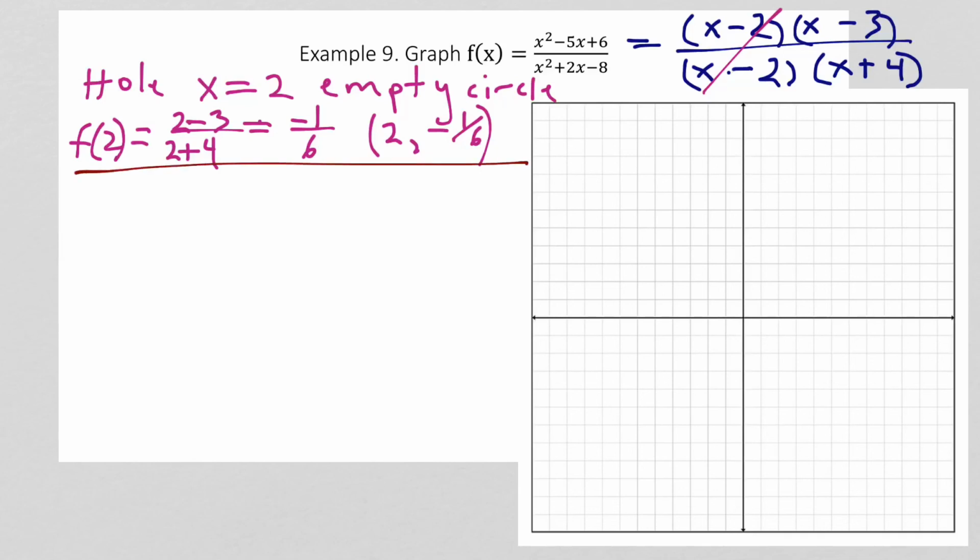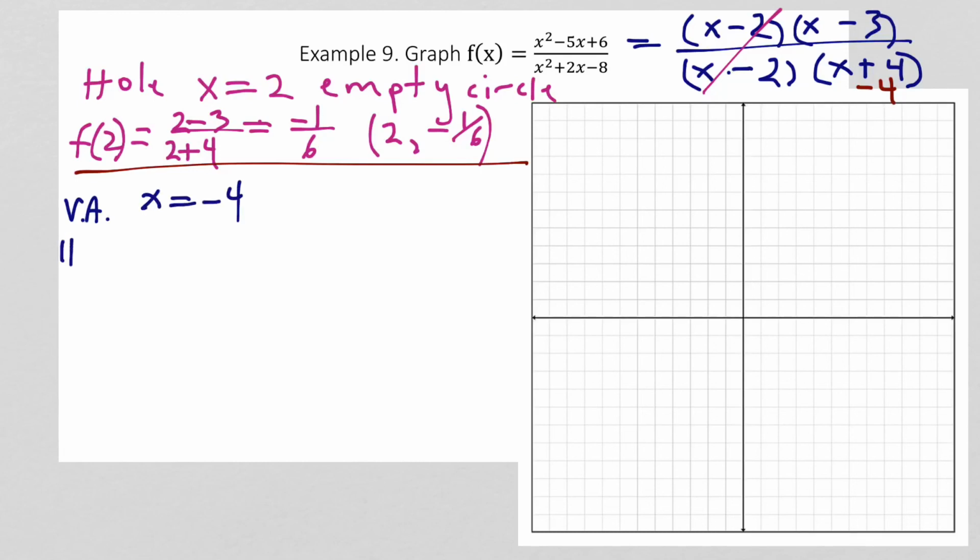Now let's find the vertical asymptote. All right, so we won't have a vertical asymptote at the x minus 2 factor because we canceled that out. It's a hole. So we will have one associated with getting a 0 for this factor. So that's negative 4. So we'll have a vertical asymptote of x is equal to negative 4.